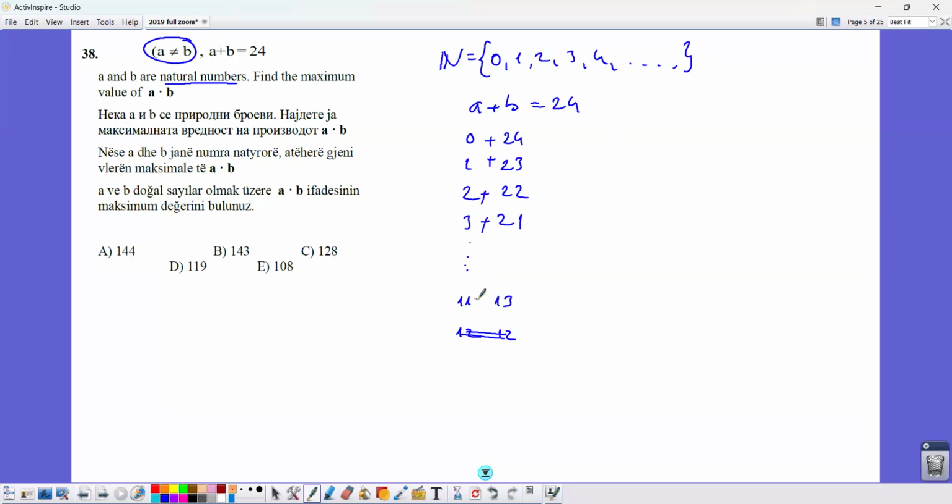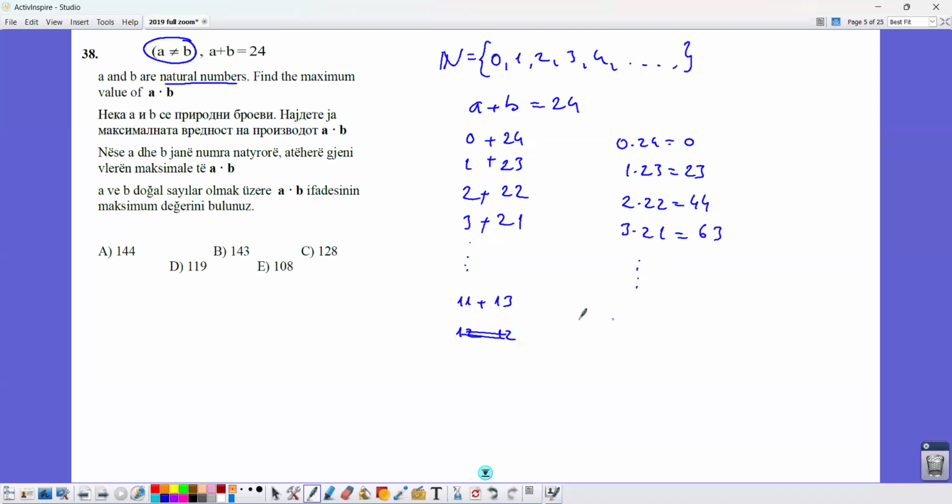So we are looking for the multiplication, but maximum value of the multiplication. So 0 times 24, it's 0. 1 times 23, it's 23. 2 times 22, it's 44. 3 times 21 will be 63.